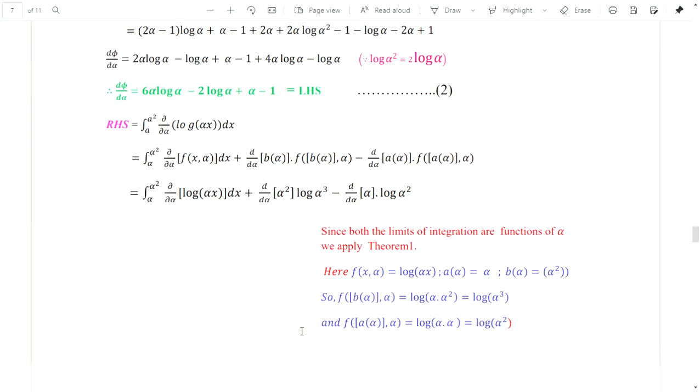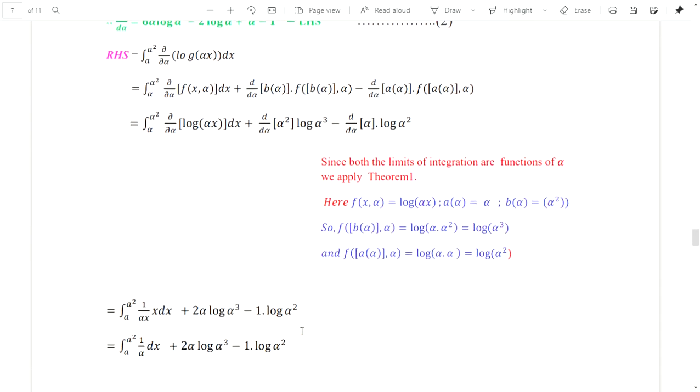Now, let us find the RHS. RHS is the integral of α to α² of ∂/∂α of log(αx) dx. Sorry, the RHS is this one.